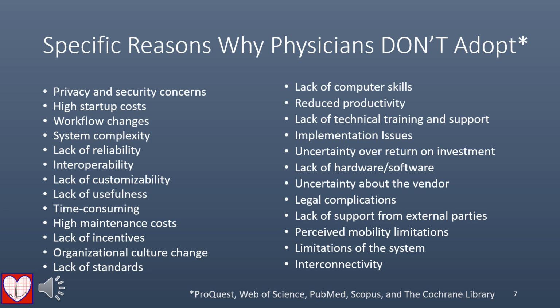Identified here are the 25 core reasons that physicians choose not to adopt an EMR, whether at enterprise level or at a freestanding practice. These are listed in order of instance from highest to lowest.